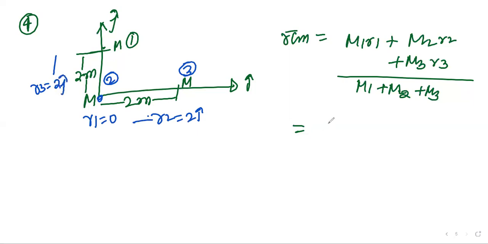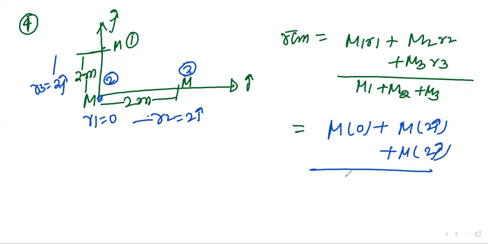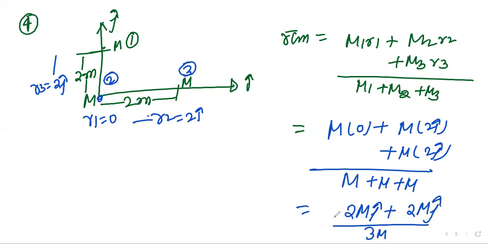So put it here. You will get m into 0 plus m into 2i plus m into 2j divided by m plus m plus m, since the mass of each of the three particles is the same. So it will be 2mi plus 2mj divided by 3m.